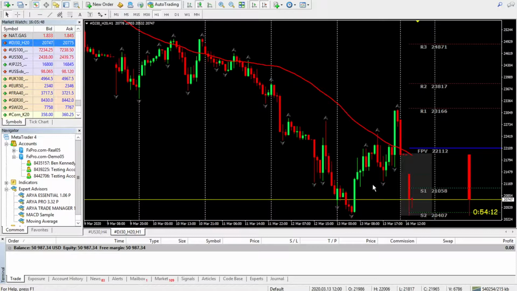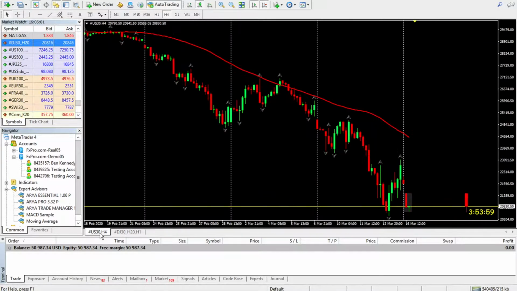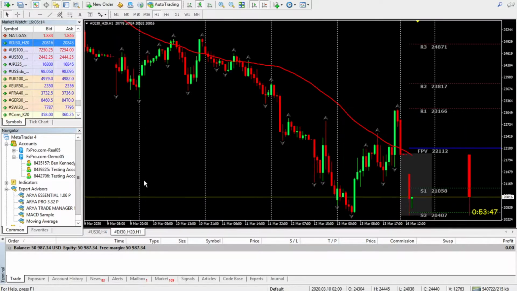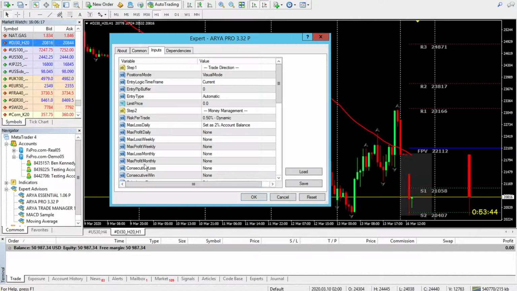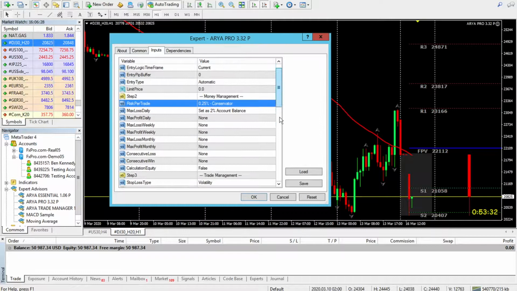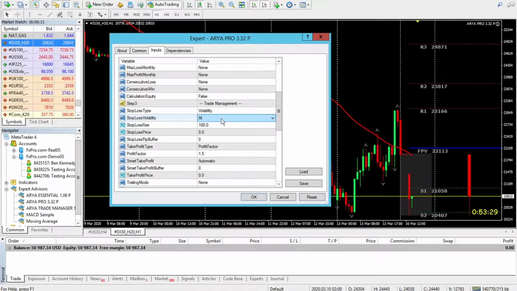Very similar to what we saw just before with the $1 contract, usually that larger contract size is seen in the US 30, but with the Dow Jones 30 H20, we're looking more at the micro capital contract.